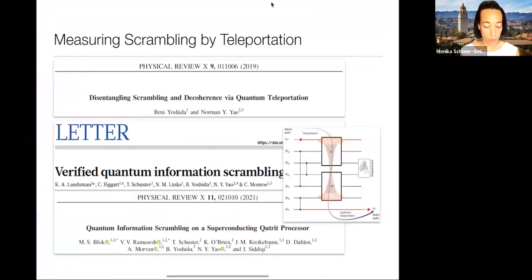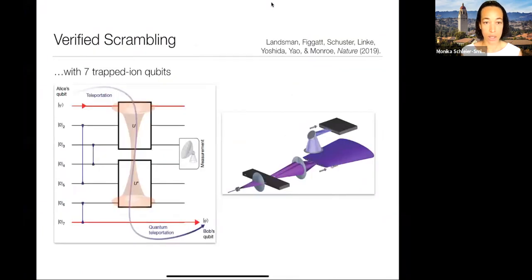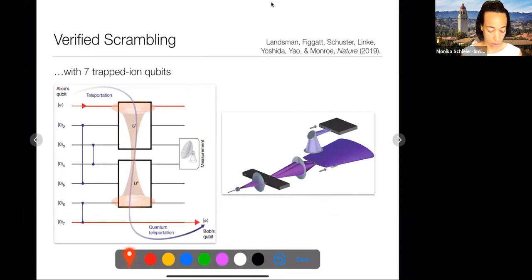There were now two experiments in particular that use this protocol in either trapped ions or superconducting qubits. I'll just show some examples of the measurement that was done in this trapped ion system, where this is what their experiment looks like.